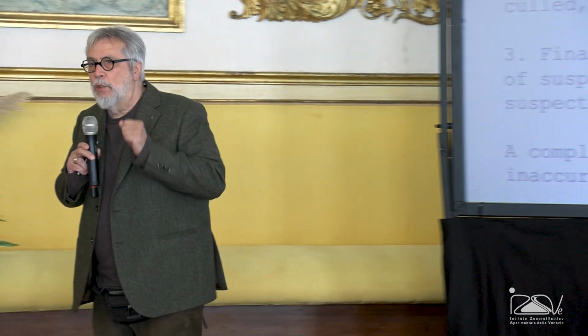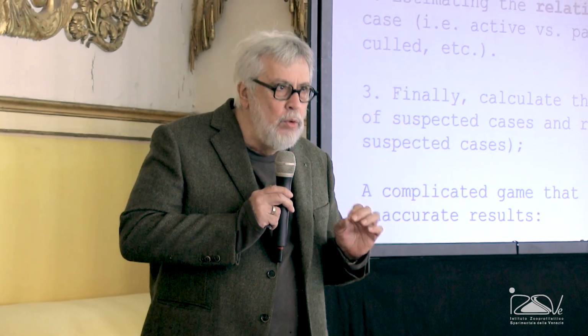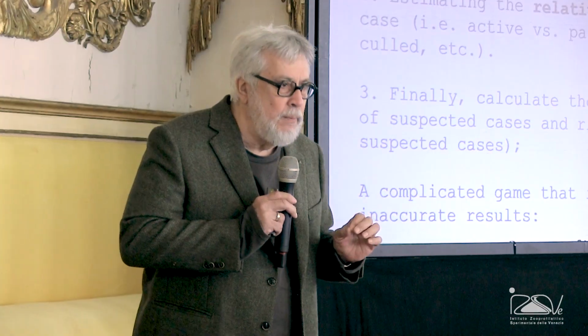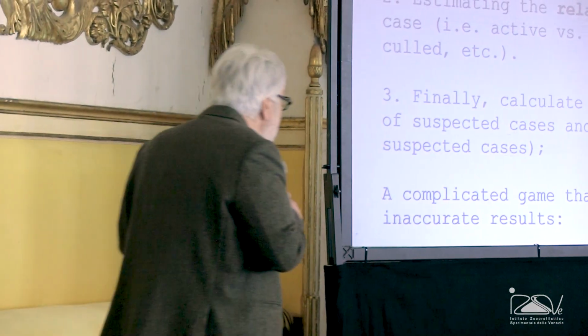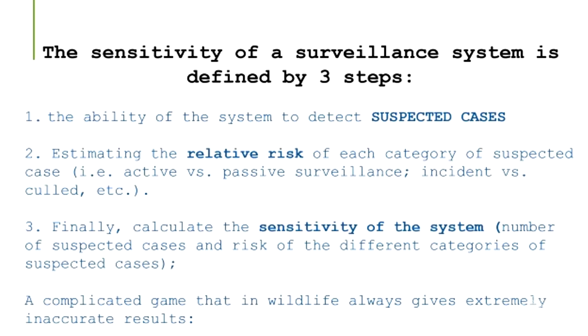It seems quite complicated, and it is more complicated than you can imagine. It's really a problem to have a good assessment of the surveillance system in wildlife. But this is the way and should be standardized this way. Instead, all the countries are trying to manage as they can.